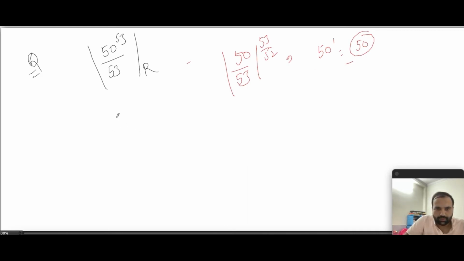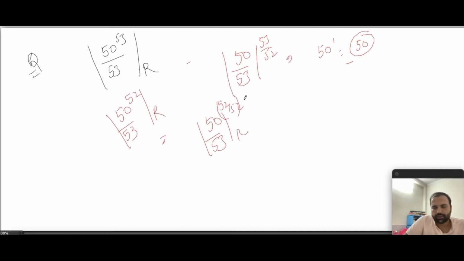Now if we go one more step back, 50 by 53, and we take 52 over here as a remainder, then again 53 is a prime number, so 50 by 53, we have 52 by 52, remainder is 0, so on top of 0, it would be 1, isn't it?